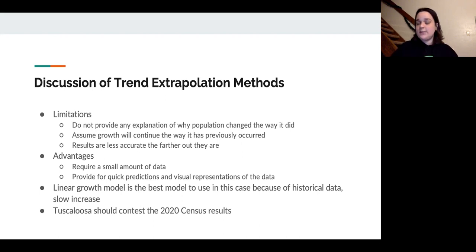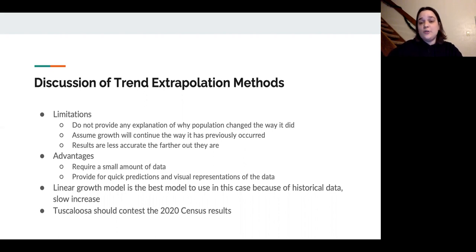In this particular case, I would recommend going with the linear growth model as the most accurate, just because even before 2019, Tuscaloosa's population wasn't growing very rapidly. And so that geometric growth model, in which the rate of growth continues to rise over time, I believe may be less accurate going out to 2030 and beyond.